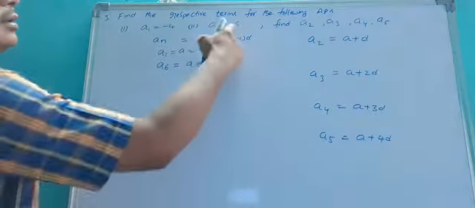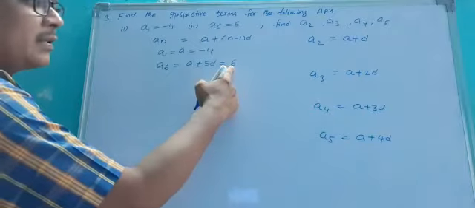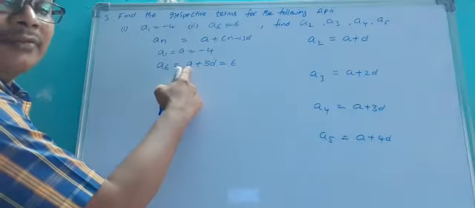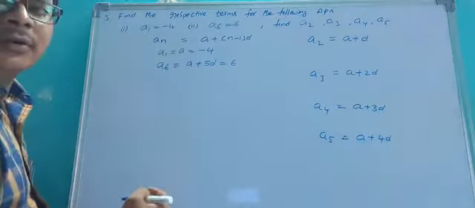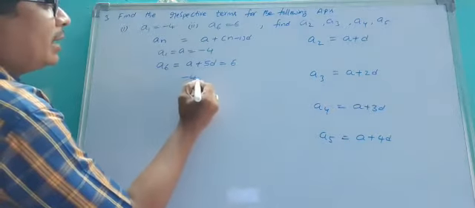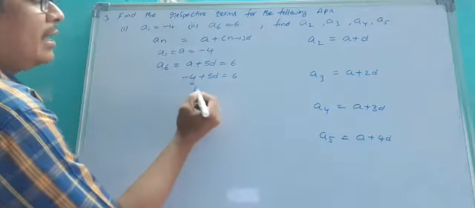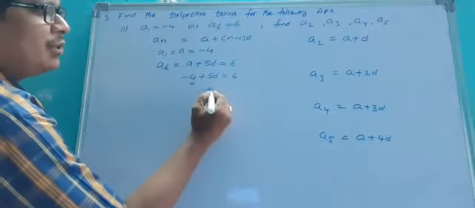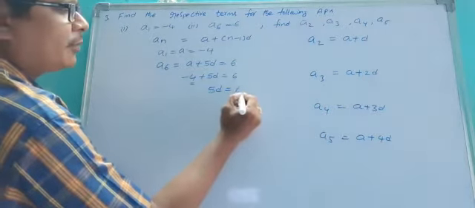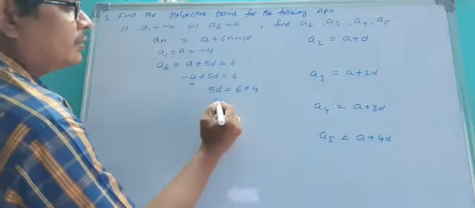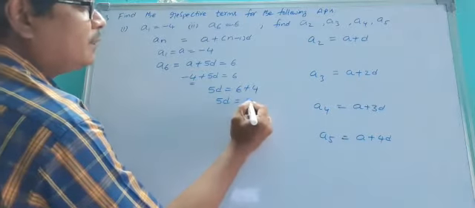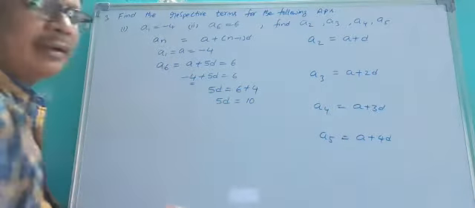So we substitute A equal to minus 4: minus 4 plus 5D equal to 6. After transposition, minus 4 becomes plus 4. So 5D equals 6 plus 4, that equals 10.